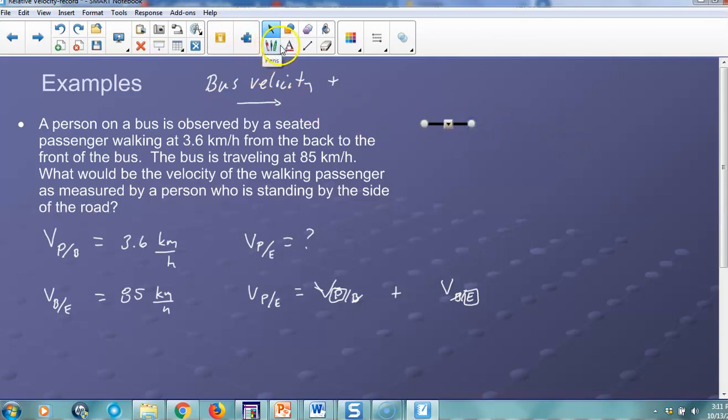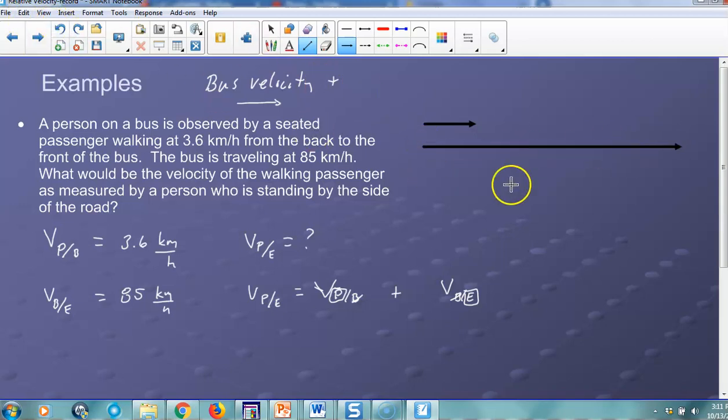Okay, and then we can say that our other vector is going to be the bus relative to the earth. This obviously isn't to scale, it's something large enough I can handle, but I can still shorten this a little bit.